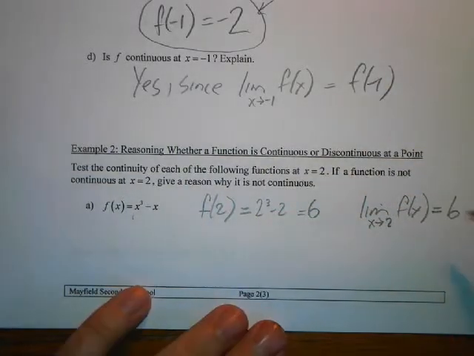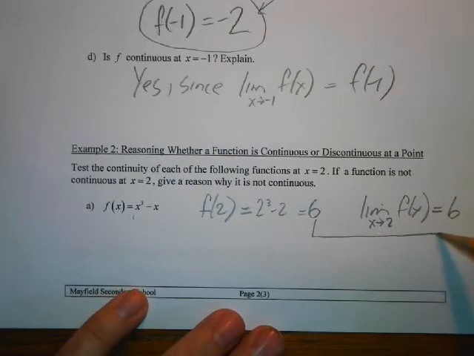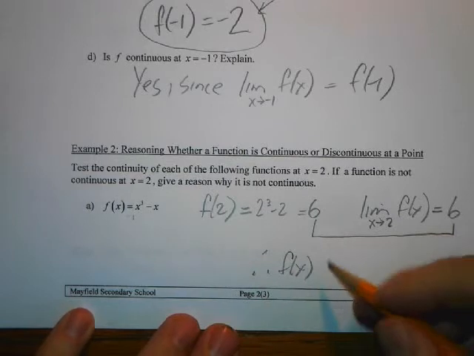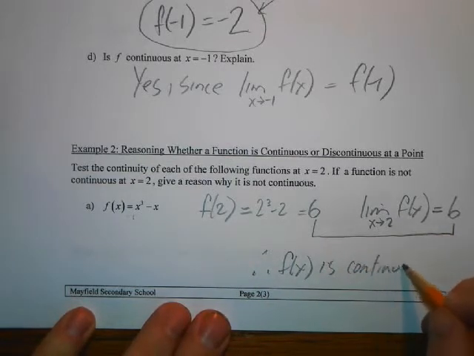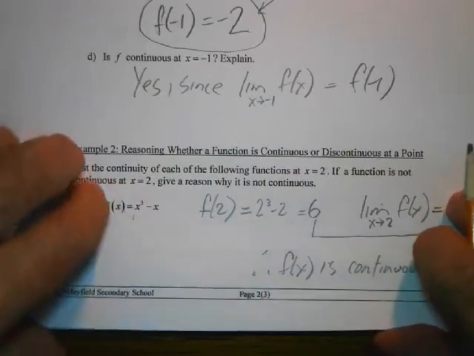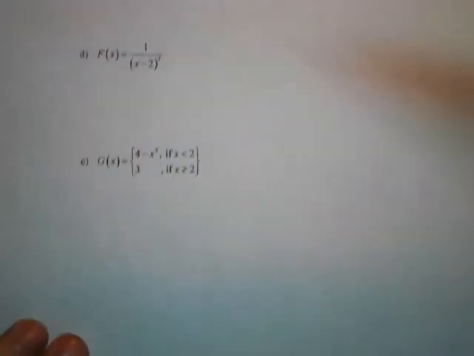You don't have to lift your pencil. The limit at x equals 2 is the same as f of 2. These two match, and therefore f of x is continuous at x equals 2. Okay? So we're going to do other functions, not just polynomials, to make it a little more interesting.